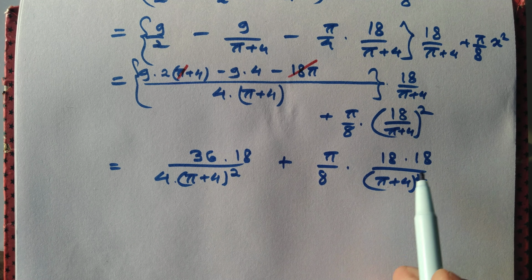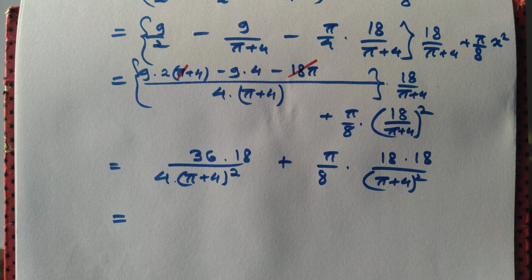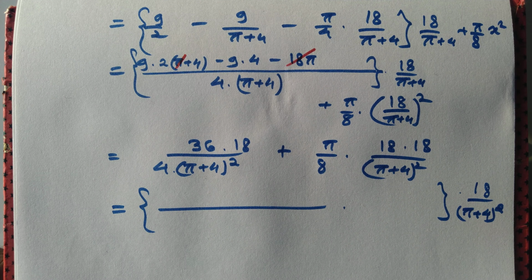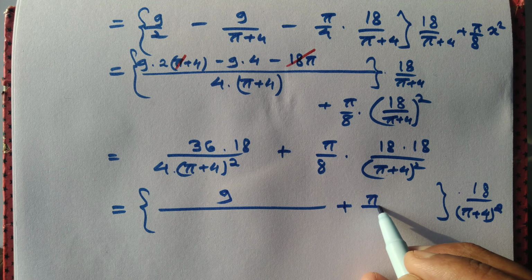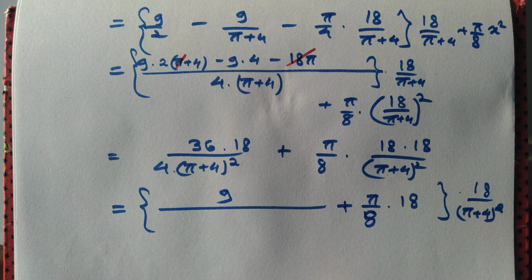Observe that we can take (18/(pi + 4)) squared common. When we take that common, we will be just left with 9 plus (pi/8) times 18.